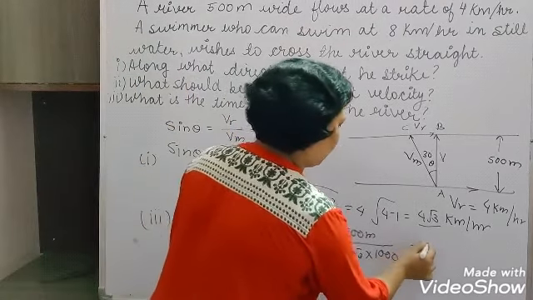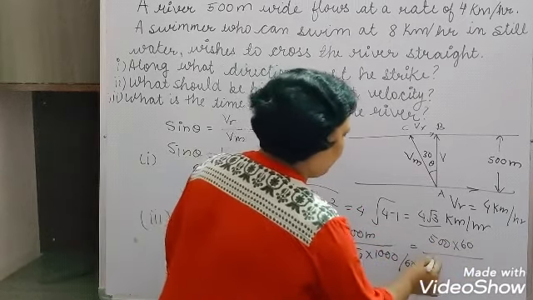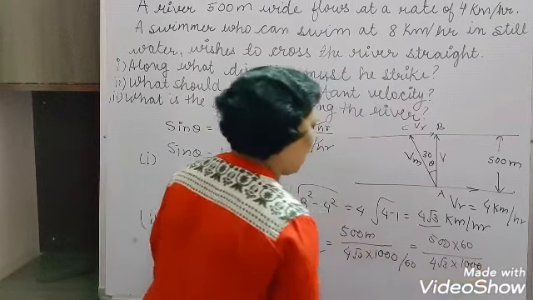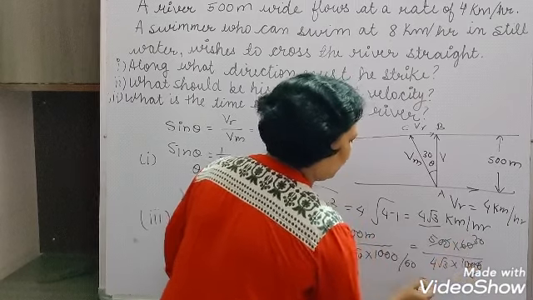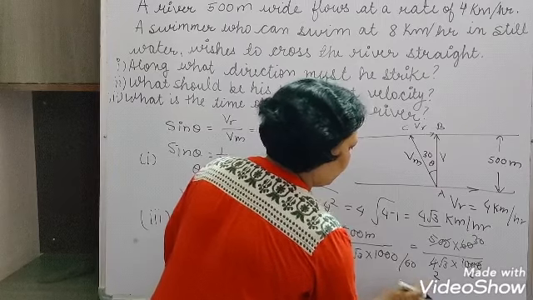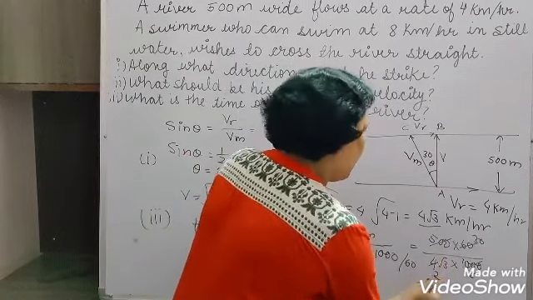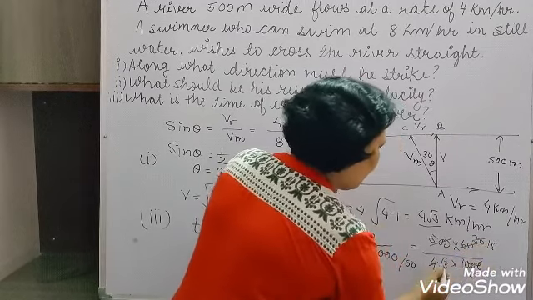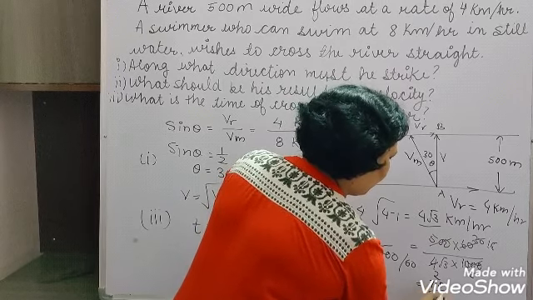So this will be 500 into 60 upon 4 root 3 into 1000 here. Okay, and so you can see this is 2, this is 30, or you can say 2 ones are 2, and 2 threes are 30, and 2 twos are, this one is 15 here, or you can say simply it will come 7.5 upon root 3.